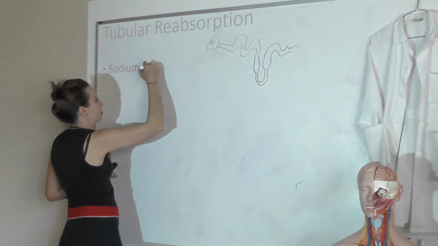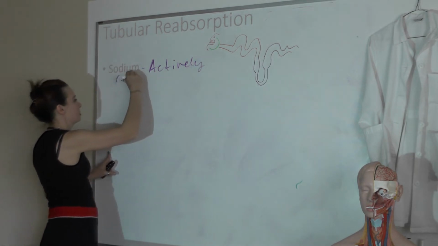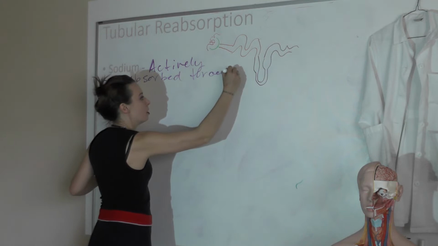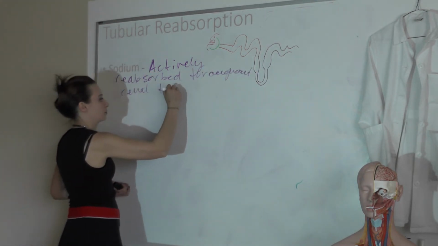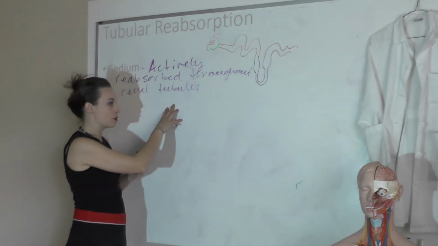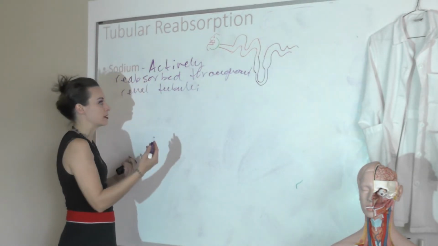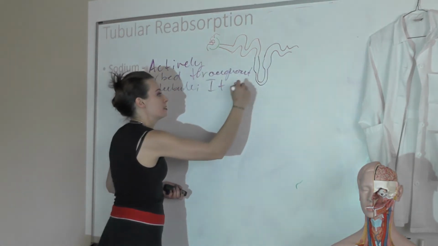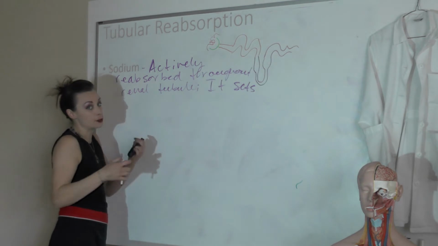So we could say sodium is actively reabsorbed throughout the renal tubule, and the primary active transport that is used to move sodium is going to set up secondary active transport for almost everything else. So we'll say it sets up the osmotic pressure gradient, or it really helps to set that up.